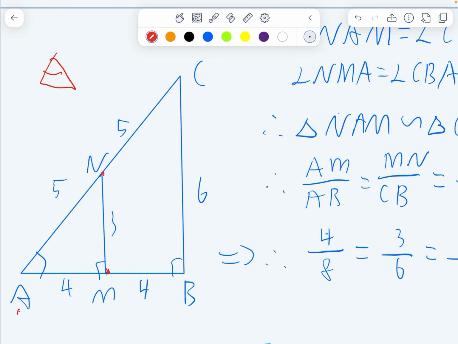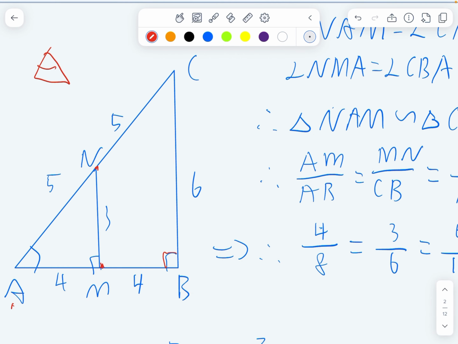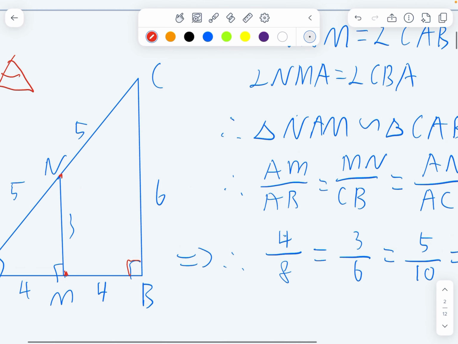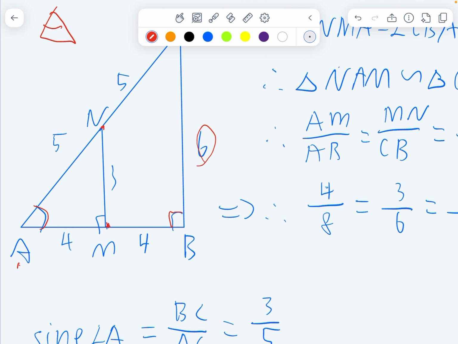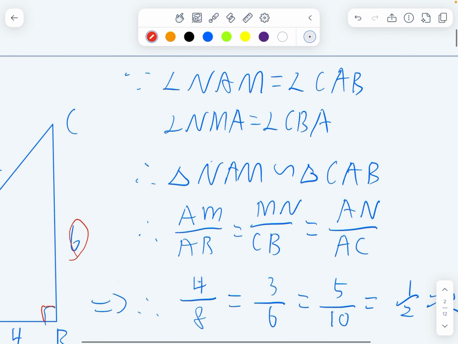The angle B equals 90 degrees. So we know that AM equals 4, AB equals 8, AN equals 5, AC equals 10, and the longest side BC equals 6. So we can see how to prove it.